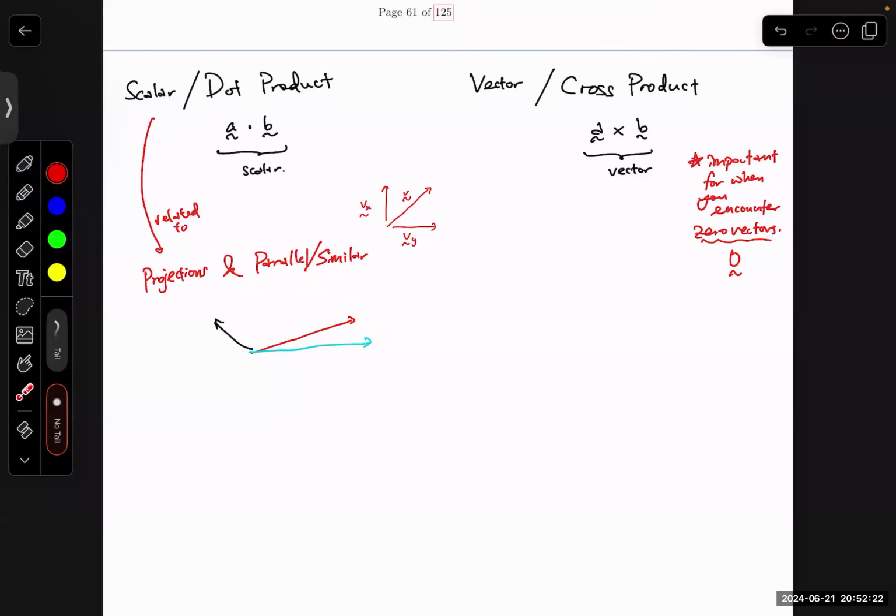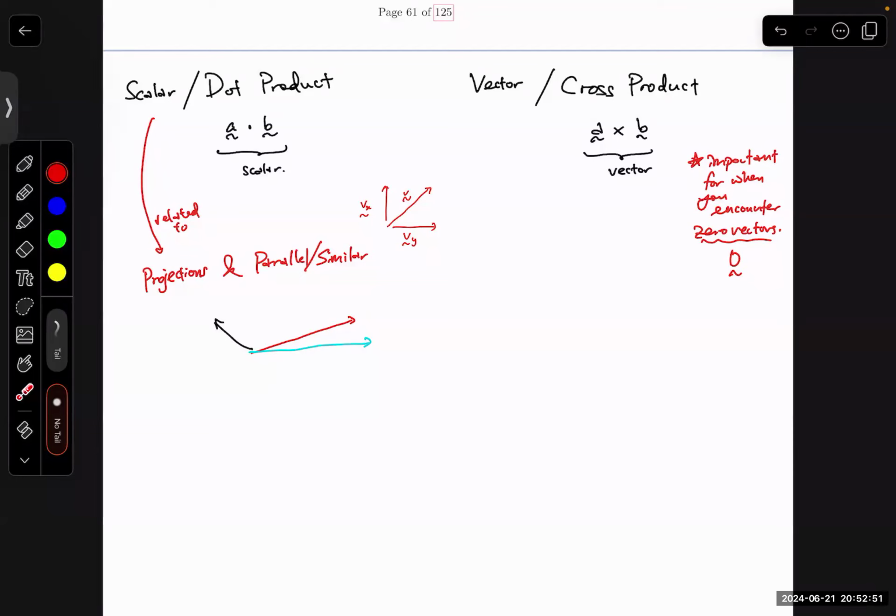They point in roughly the same direction. They have roughly similar magnitudes or lengths. But the black vector is pointing elsewhere. It doesn't seem to be very similar to these red and blue vectors. So the dot product of vectors tells us how similar vectors are, or how much vectors agree with each other.